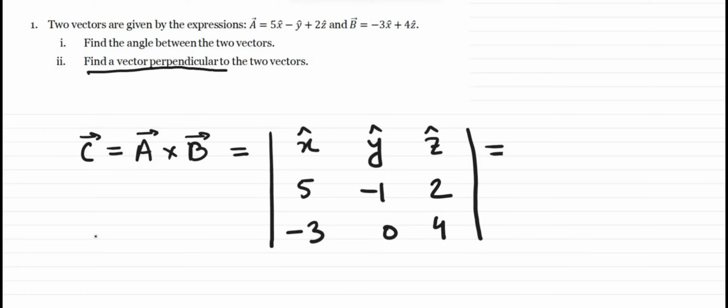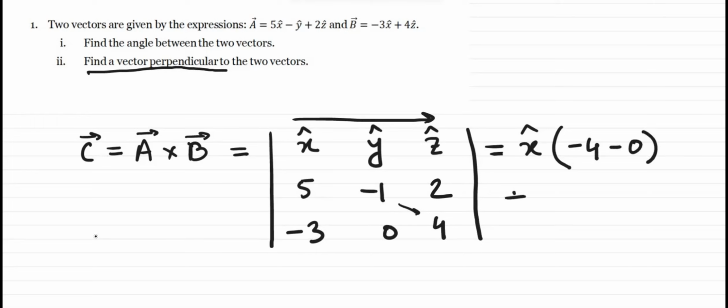So we have to expand it by the top row. First we have x hat, and then we multiply negative 1 with 4, and then minus 2 times 0. So negative 1 times 4 gives us negative 4, and 2 times 0 gives us 0. Plus y hat.